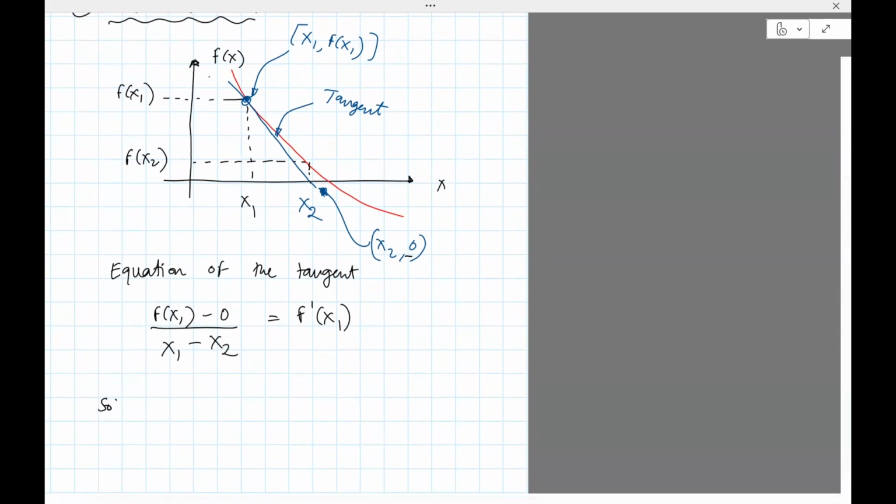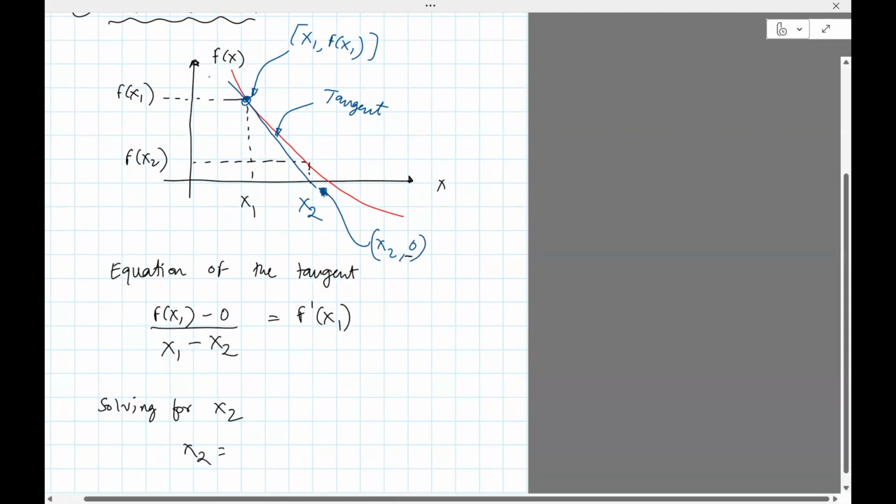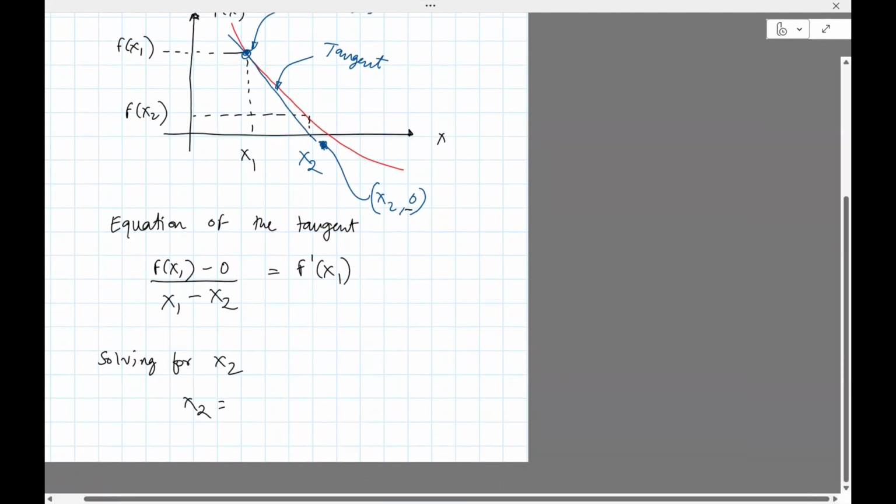Okay, so solving for x2 gives us x2 equals x1 minus f of x1 divided by f prime x1.